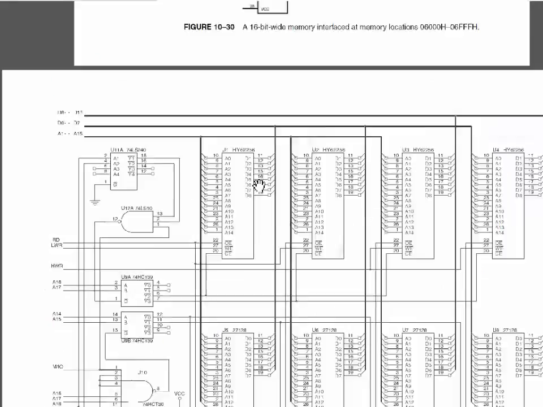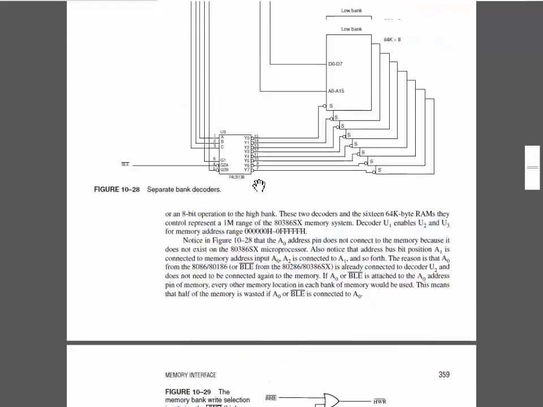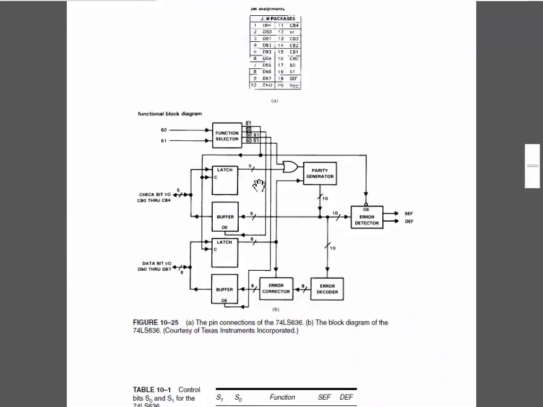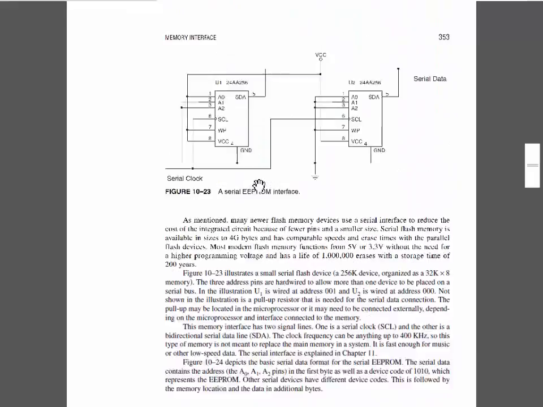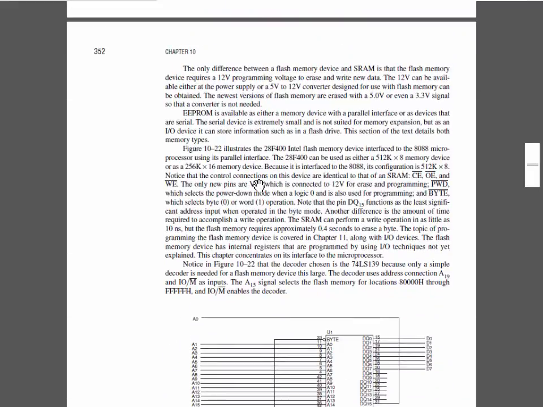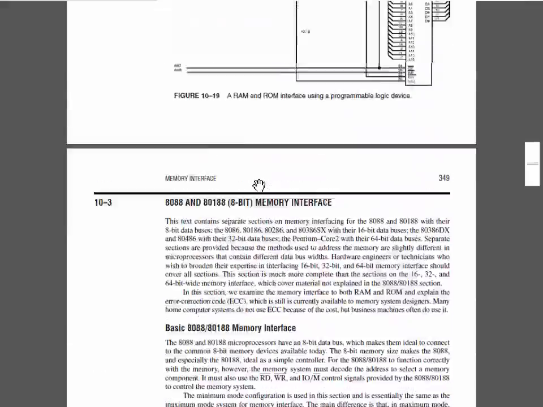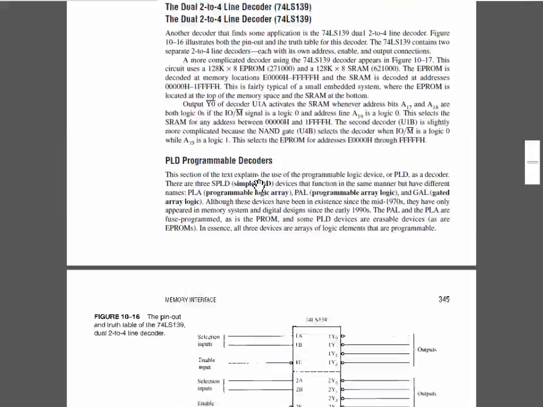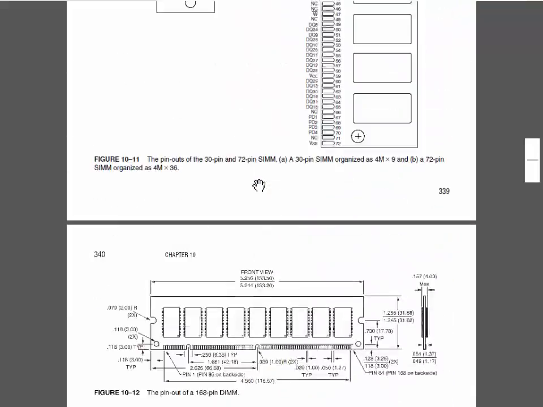So this particular drawing is from much further up in the chapter, where we looked at the flash memory. We talked about this to no end, where we looked at the address decode.